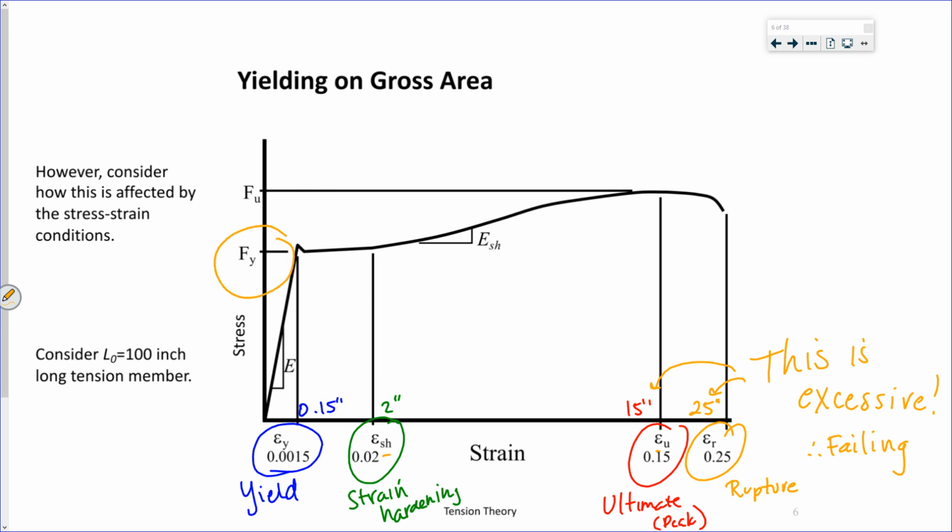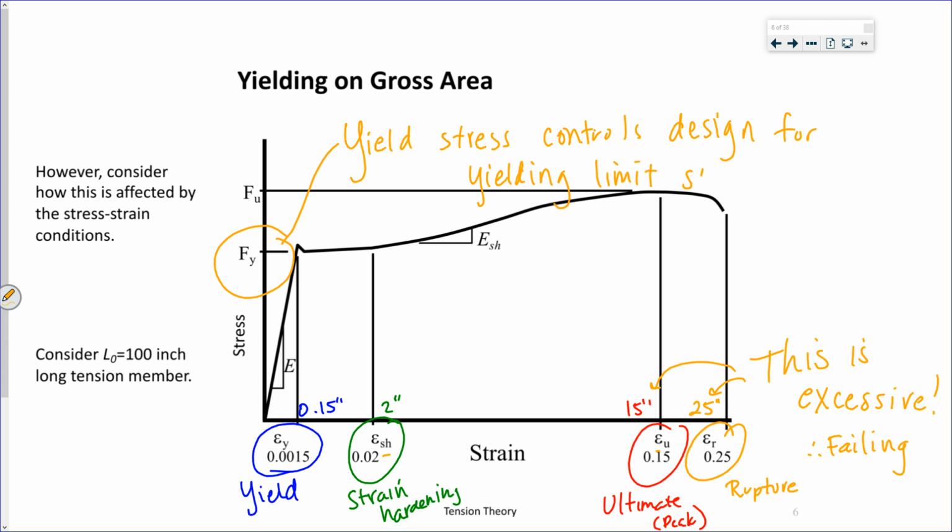So we use our yield stress to control our design, for our yielding limit state.